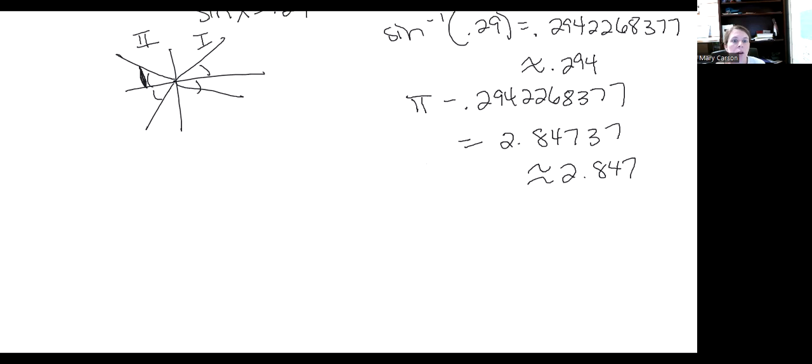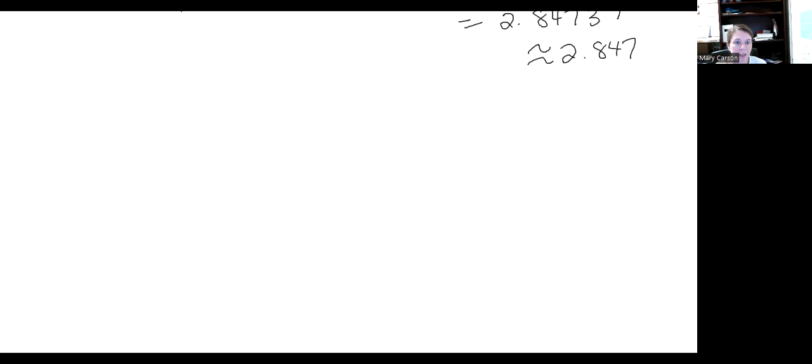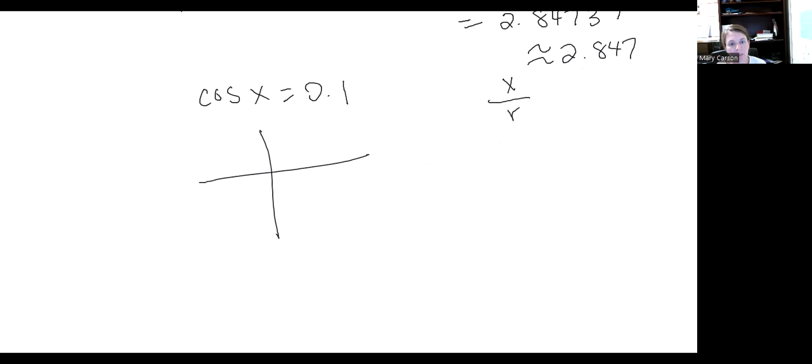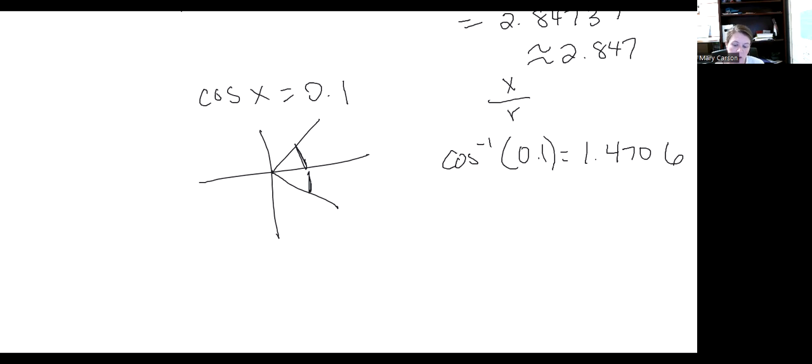Okay, and then question 10 was cosine of x equals 0.1. Cosine, remember, is x over r, so you're looking at your x values. So technically, we're looking at positive x, that would be here and here. We do the cosine inverse of 0.1, and you plug that in the calculator, and you get 1.4706. So that's one of your values.